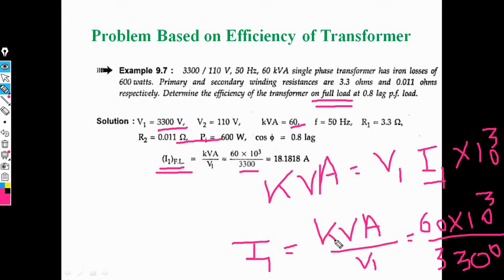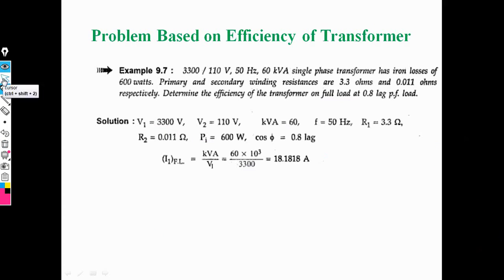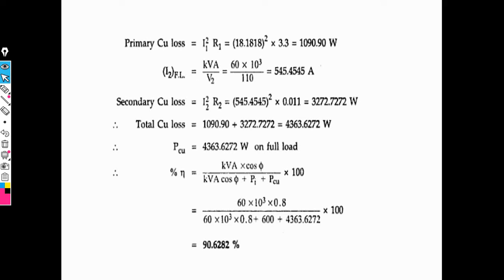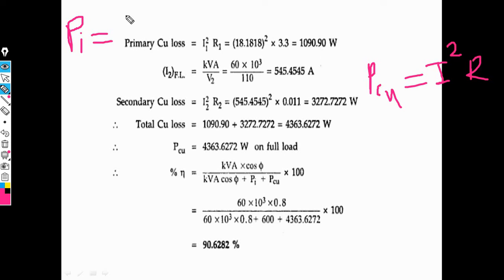The same formula is useful to calculate I2. But here we need the copper losses. What is the formula of copper losses? Copper loss is equal to I square R. In the given problem, the value of Pi, that is the iron loss, is given.